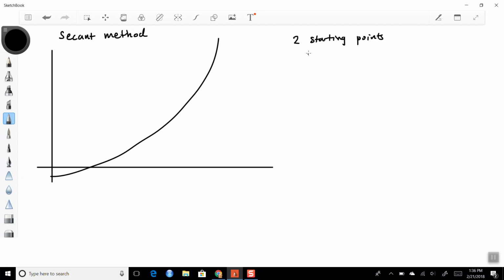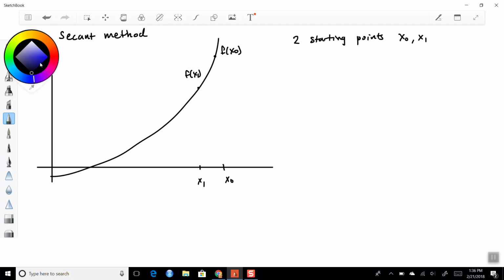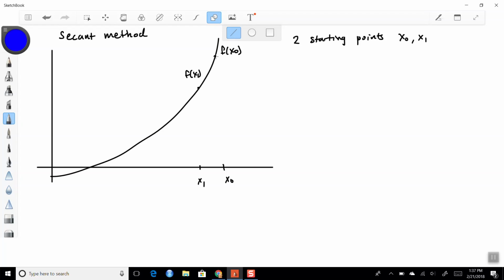So we'll have x0 and x1. Okay. And instead of finding a tangent line, you say, okay, here I've got x0 and here I've got x1. And this up here is f of x0, and this is f of x1. And instead of doing a tangent line, you draw a secant line.